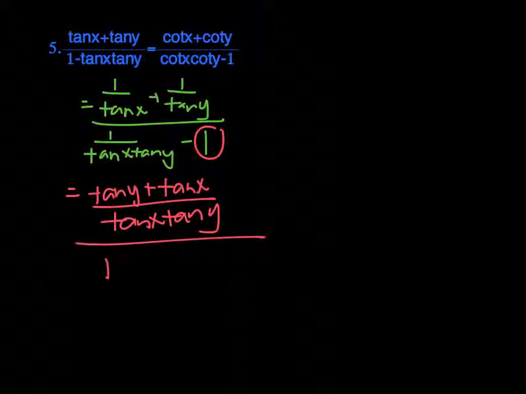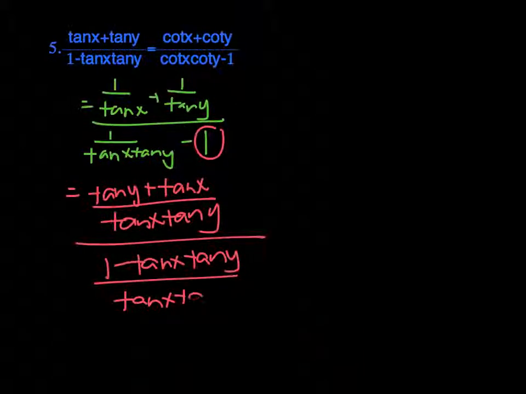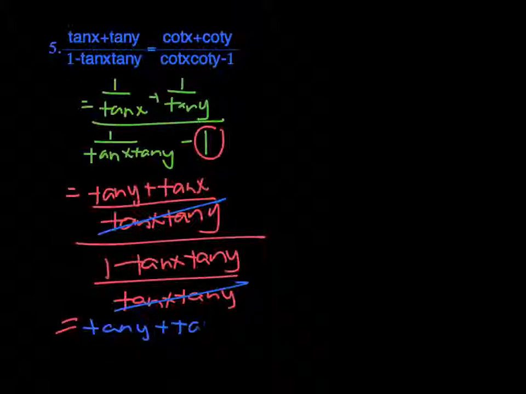So this is going to be 1 minus tangent x tangent y over tangent x tangent y. If I copy dot flip it, that will go away, and we're going to end up with tangent y plus tangent x over 1 minus tangent x tangent y.